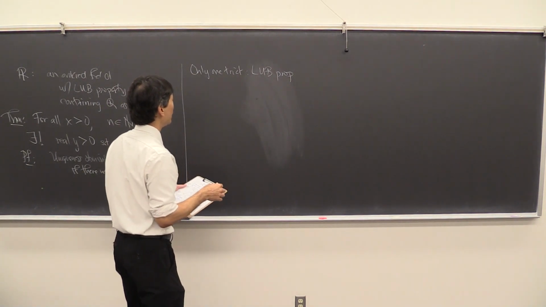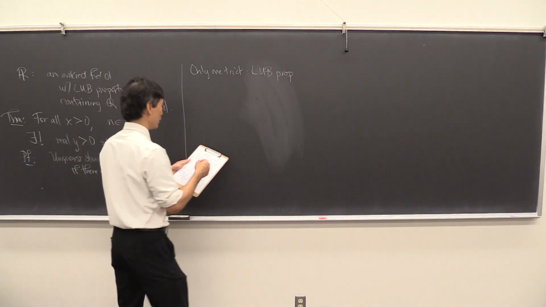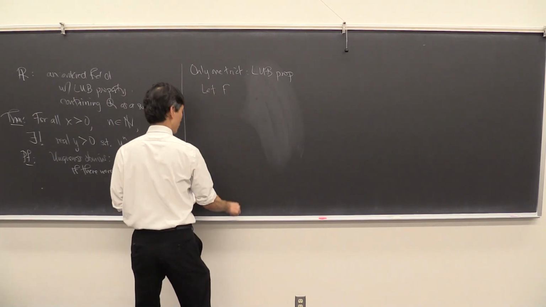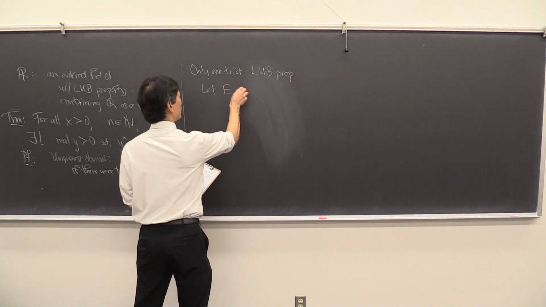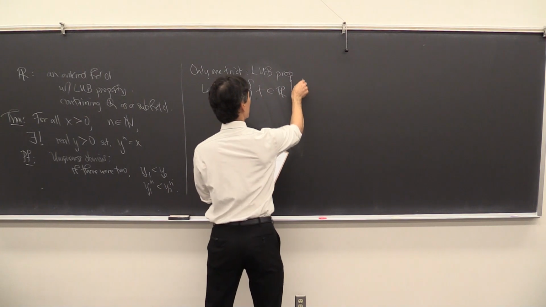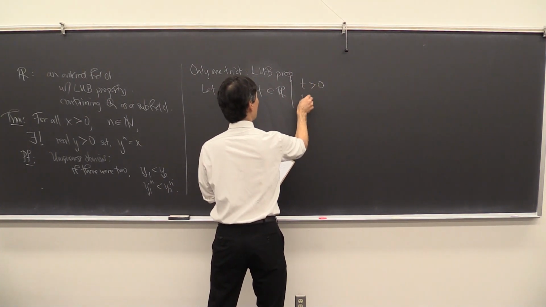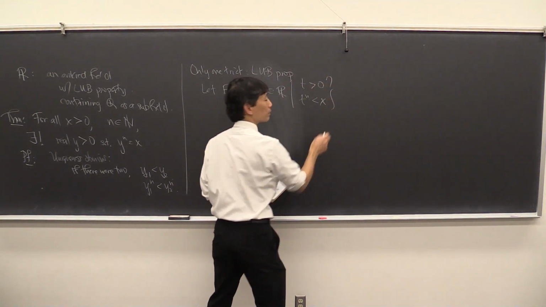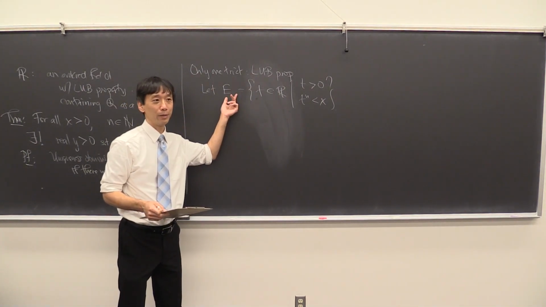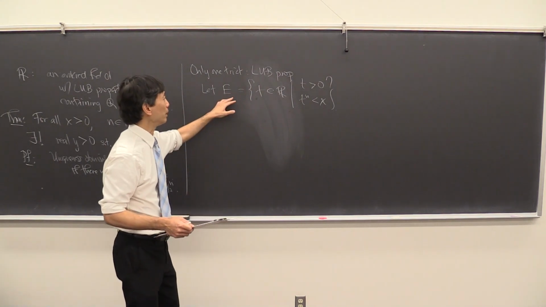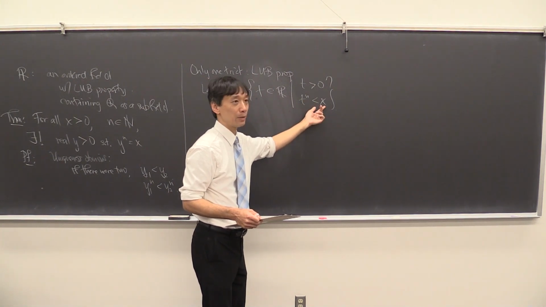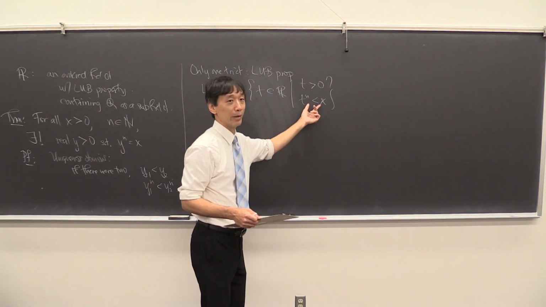So what we're going to do is a very natural thing. Let's create a set E of positive real numbers whose nth power is less than x. Then we take the least upper bound of that set, and that ought to be our nth root.